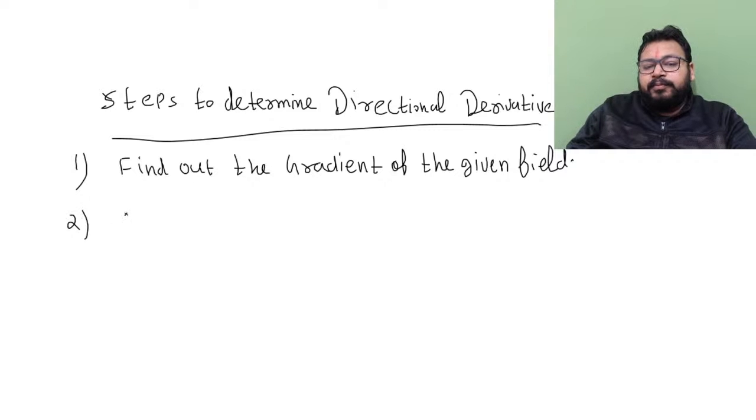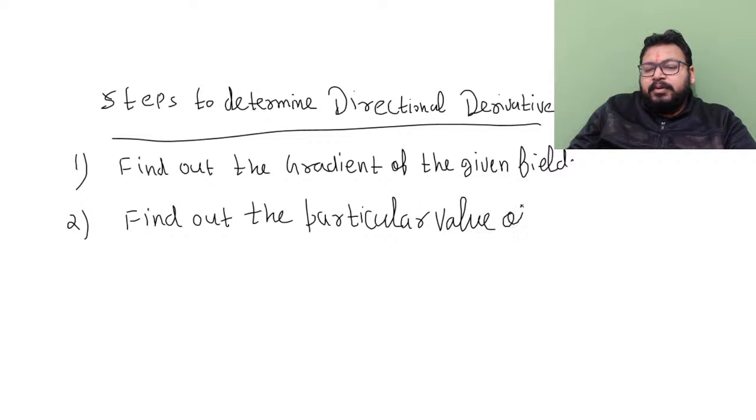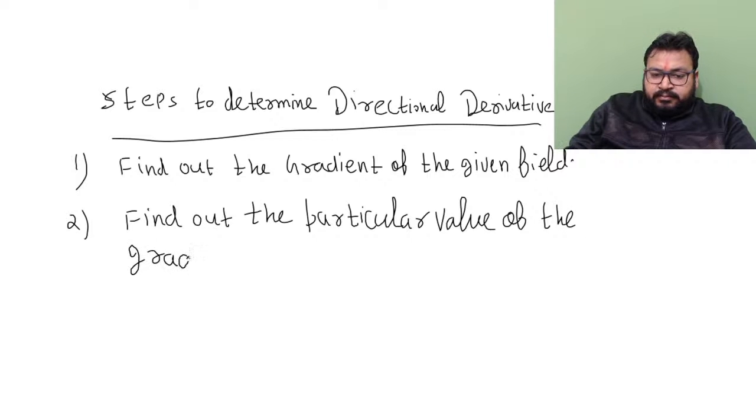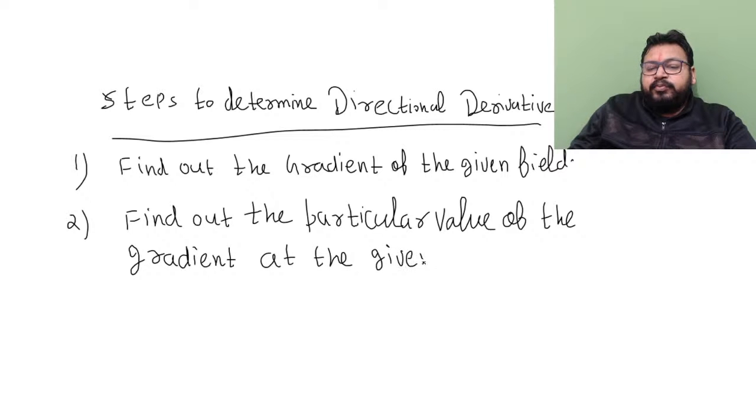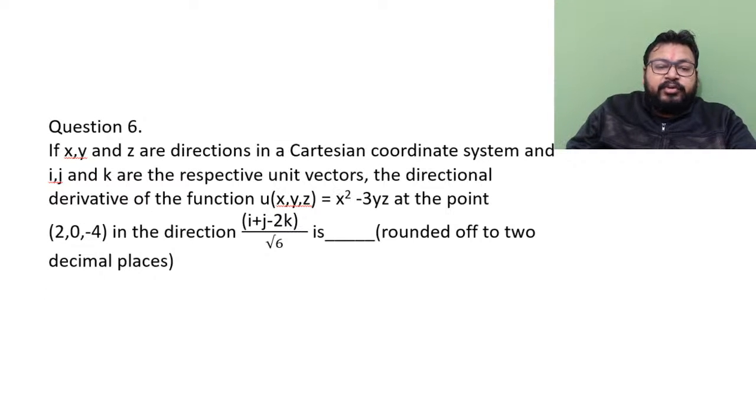Step number 2, find out the particular value of the gradient at the given point. Whichever point is given to you, at that point find out the particular value. So which point is given? It is 2, 0 and minus 4.